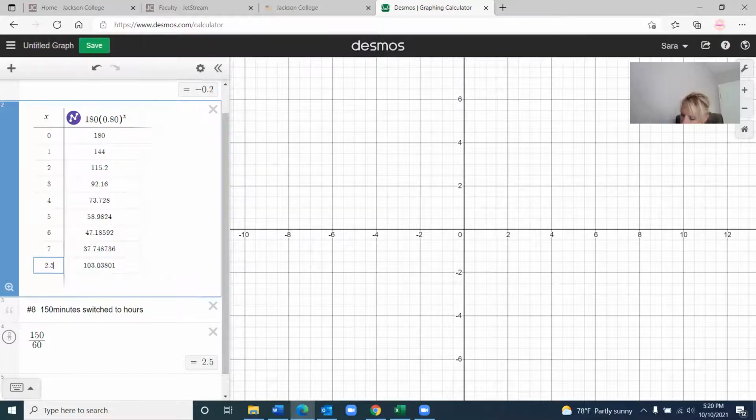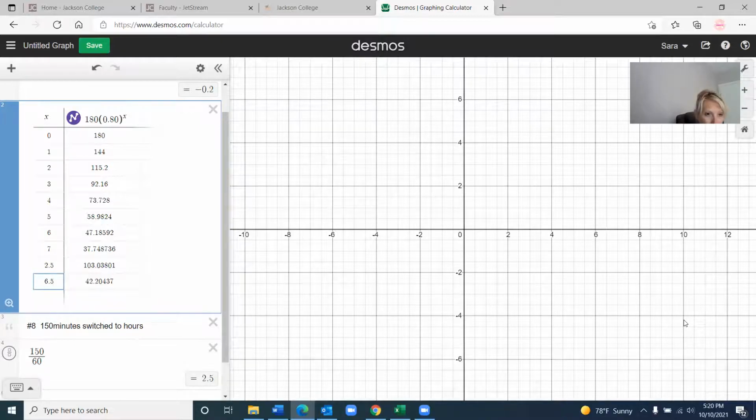Number 9 says use the graph to estimate the amount of time needed for the amount of caffeine to drop to 40 milligrams. Describe how you found your answer. You can see here in the table, it was between 6 and 7 hours. So we could estimate, it looks like it was around 6.5.